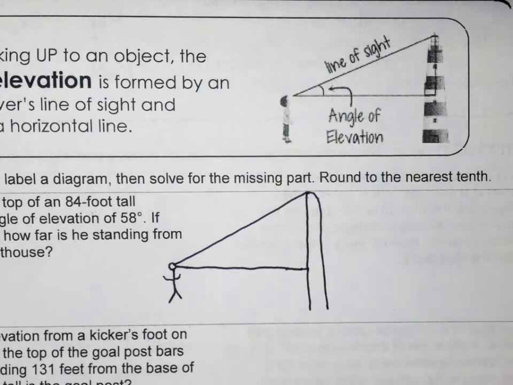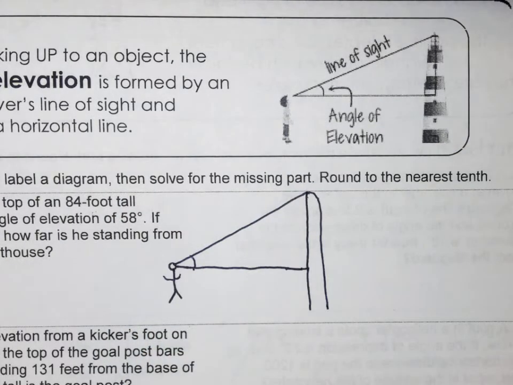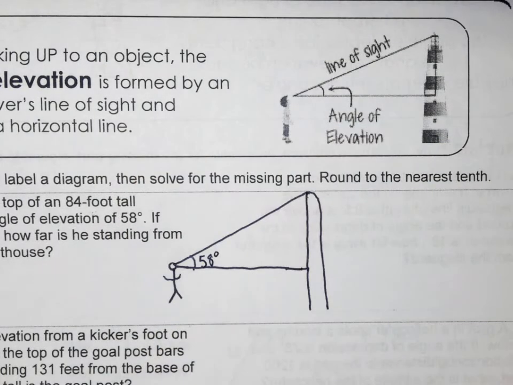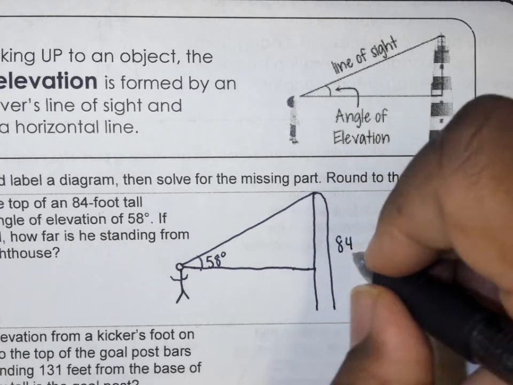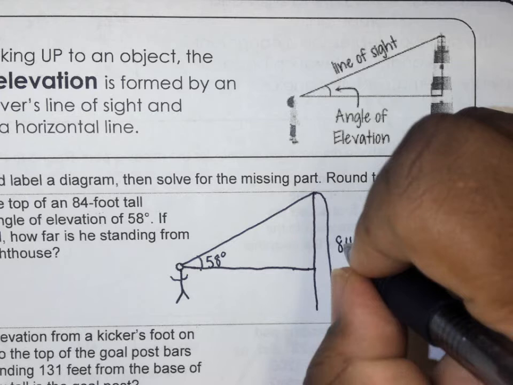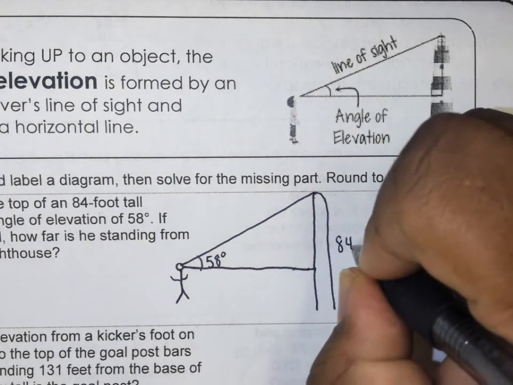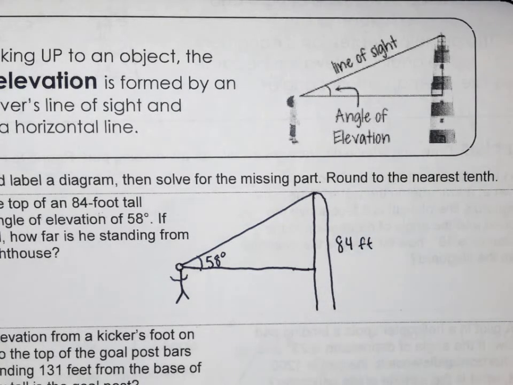My little lighthouse over here. So his angle of elevation is 58 degrees, so 58 goes here. The other thing they told you is the lighthouse was 84 feet tall. So you know how tall the lighthouse itself is. The lighthouse is 84 feet tall.